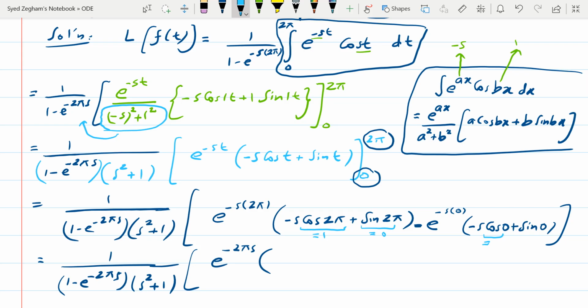We have cosine 0, that is also equal to 1, and we have sine 0, that is equal to 0. So this term becomes 0, this term also becomes 0. So we get minus s times cosine 2 pi, that is 1. So this will become minus s, and minus e to the power 0, that is again 1. And inside the bracket we have minus s multiplied by cosine 0, that is 1. So that is again minus s.